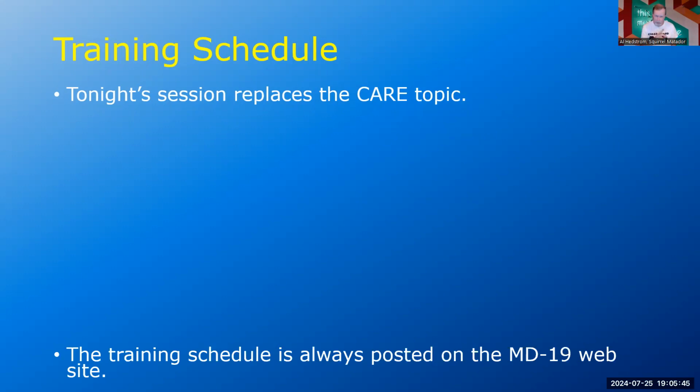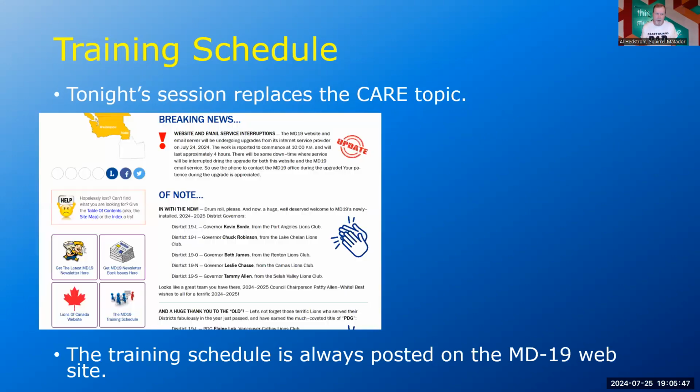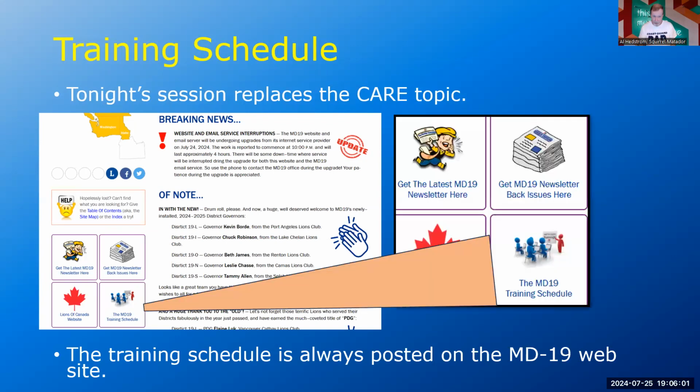I want to talk very briefly about the training schedule. The training schedule is always posted on the MD19 website. It's on the front page, also known as the landing page or the home page. And it's down a little bit, and it's right here. The current schedule is always there. It's a PDF. You can download it and use it at any time you want.